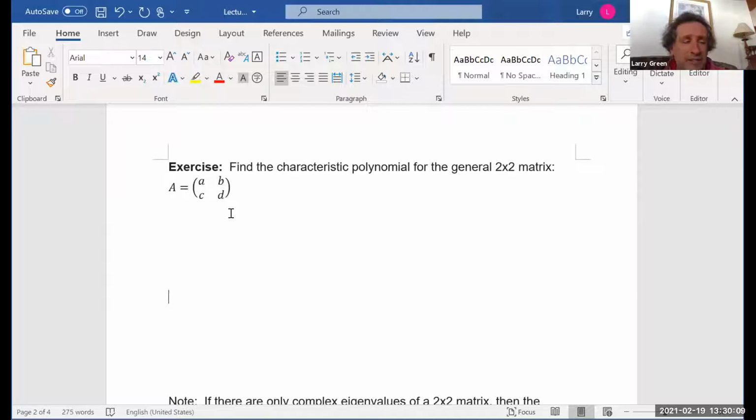I'll give you a minute or two because it's actually really important, and beautiful when you're done, if you understand beauty well enough. And when you're done, put it in the chat box.